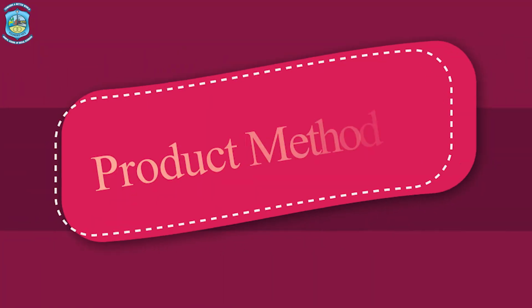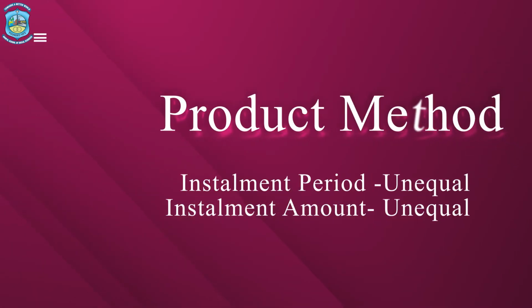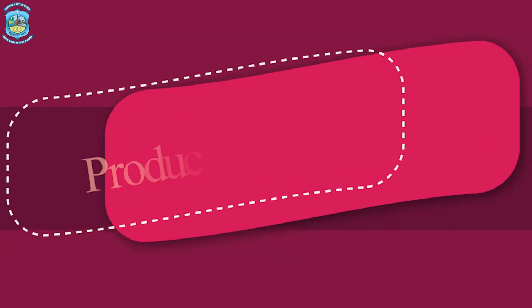Okay, so the first thing we move to is the product method. Now when is the product method applied? The product method is applied when the amount of each installment is unequal and the period between each installment is also unequal. Okay, so a very simple way to judge which method is to be applied is, if in the question the amounts of installments and the periods of installments are unequal, go for product method.